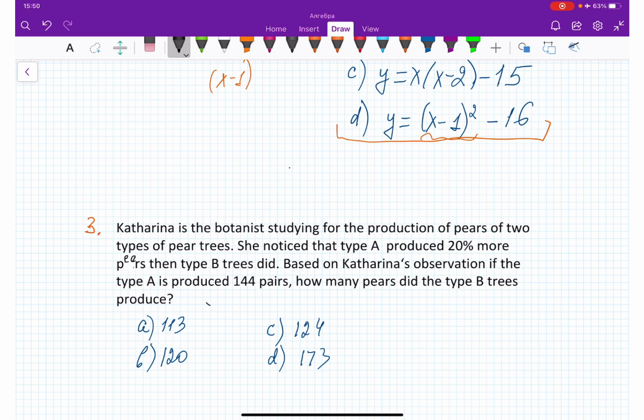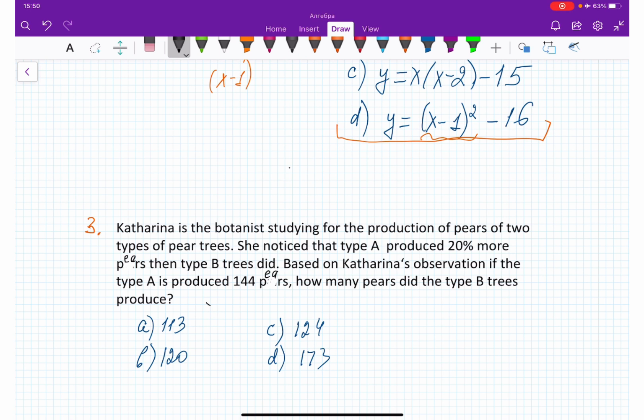Based on Katerina's observation, if type A produces 144 pears, okay, I dictated through Siri and it's mistyped. Pears. How many pears did the type B trees produce?